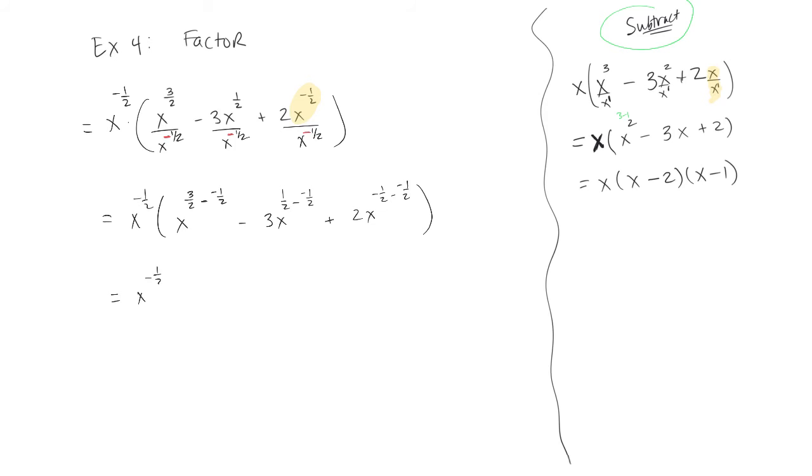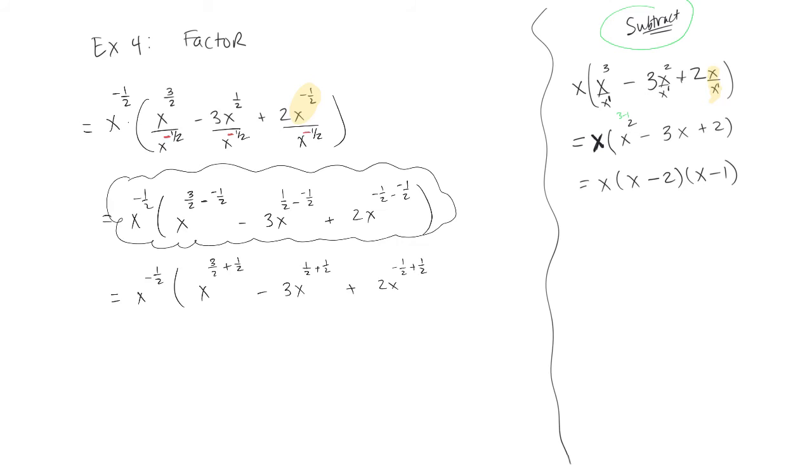So we've got x to the negative 1/2 times x to the 3/2 plus 1/2 minus 3x to the 1/2 plus 1/2 plus 2x to the negative 1/2 plus 1/2. Okay, so a lot of people will kind of just skip this step, factor out that negative. Because they're factoring out a negative, they know that they're subtracting a negative with their exponents.